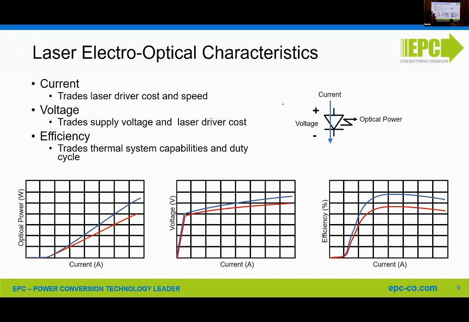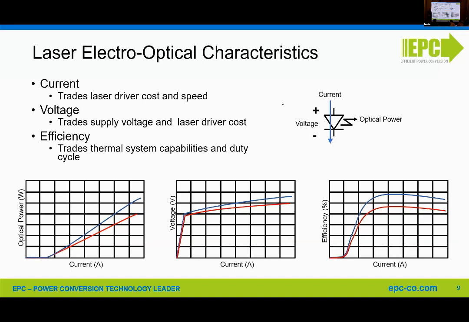With that current is going to be a voltage drop on the laser, and that voltage drop has to be considered in your laser driver. And then third, there's going to be an efficiency. As you increase the current, you're going to very rapidly increase the laser efficiency, and then it's going to fall off some. But the laser characteristics are a part of the circuit, and they have to be understood.